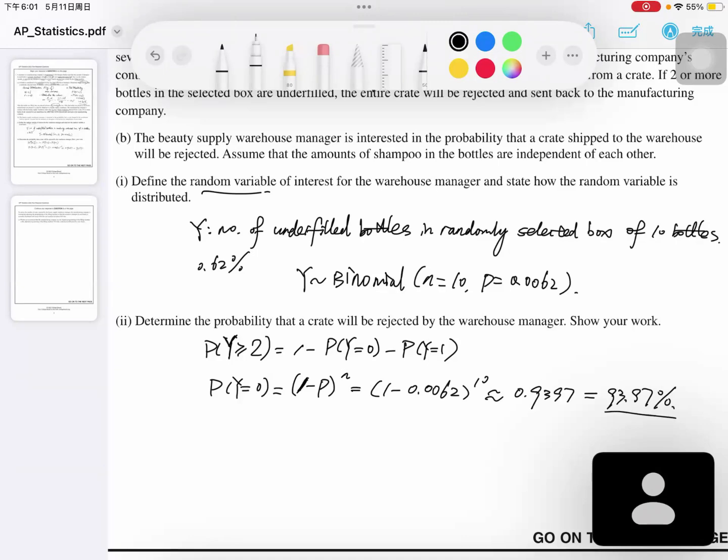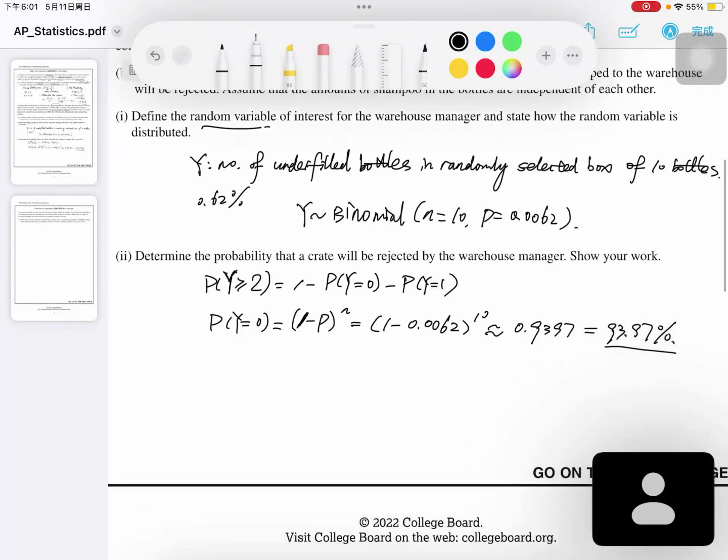And we can express it in percent form. Then we calculate Y equals 1. So the final result is 0.0586. Right?